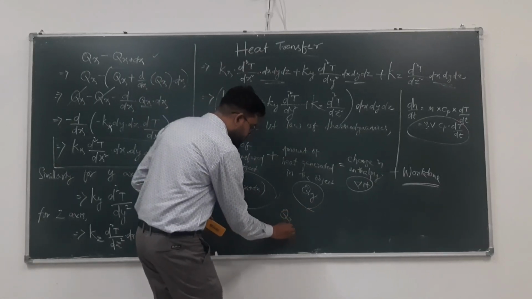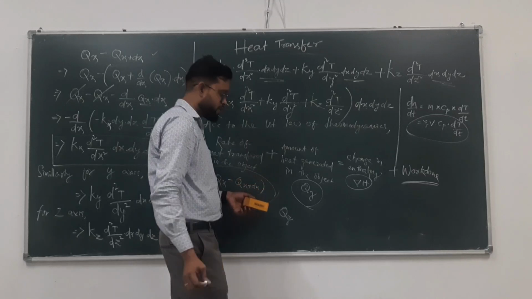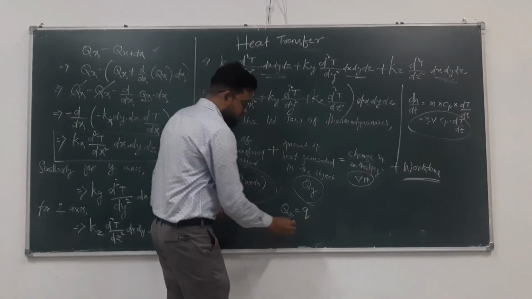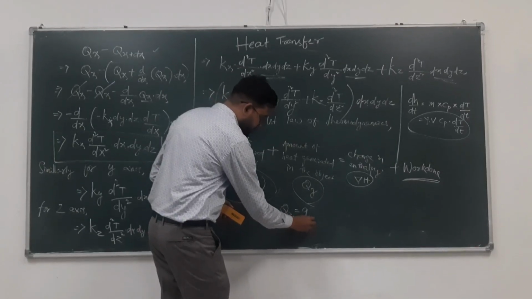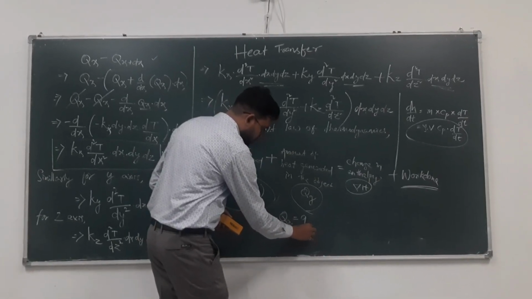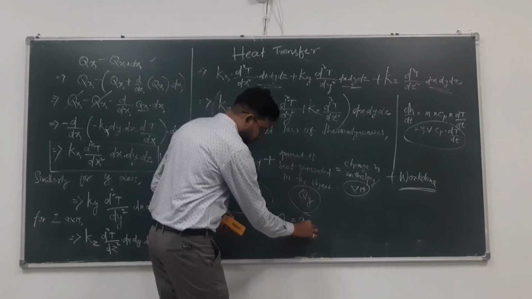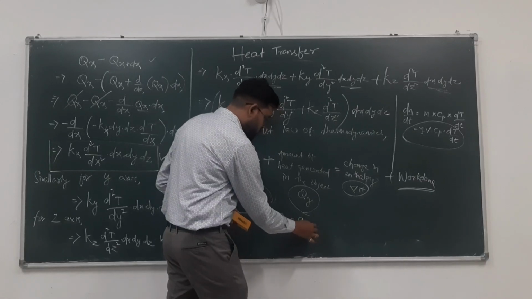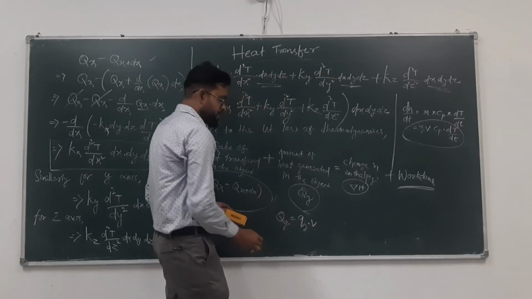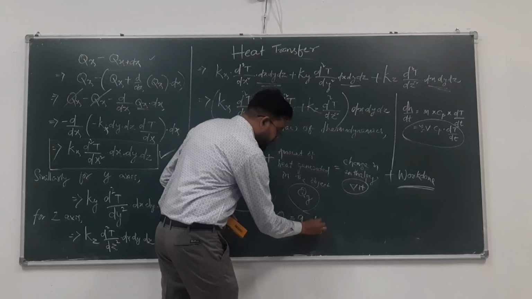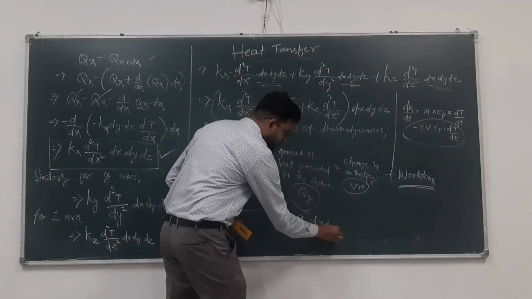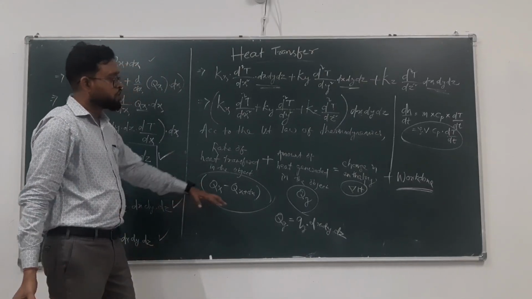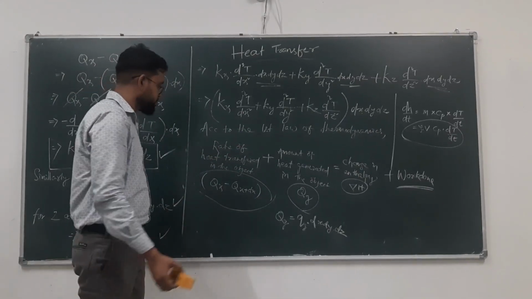Qg is the amount of heat generated in the body, which is equal to the amount of heat flux in the body into the volume of the body. So here volume is dx into dy into dz. Okay, now we will put all the values at one place.